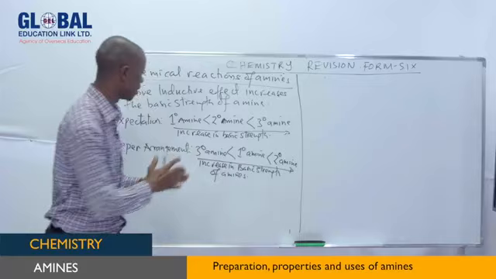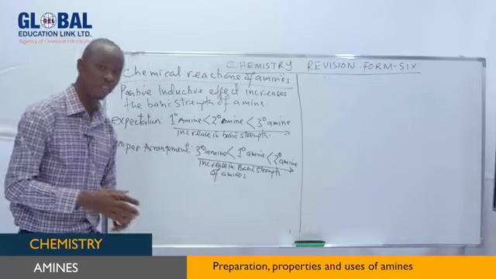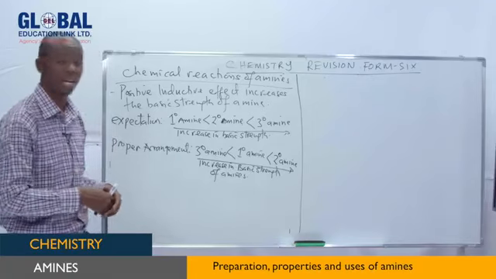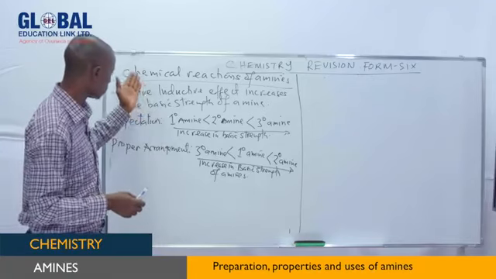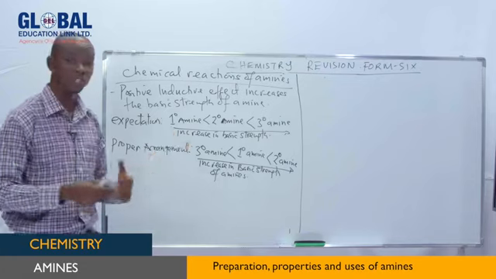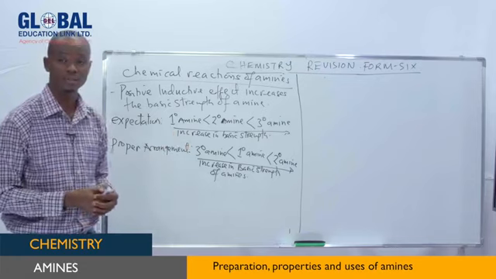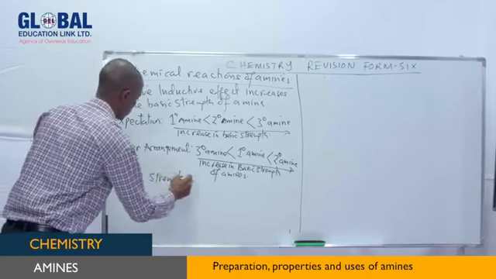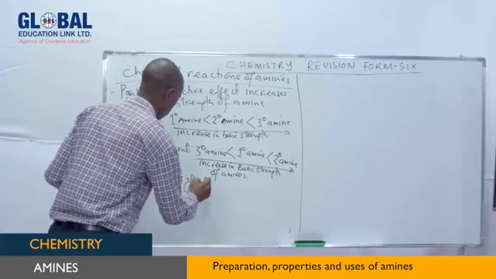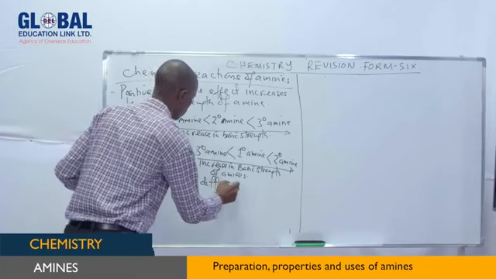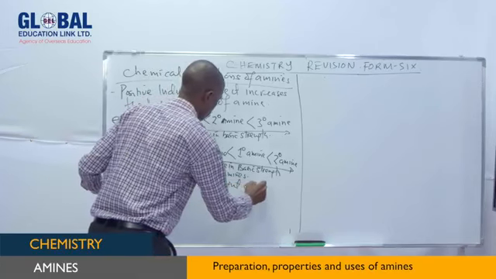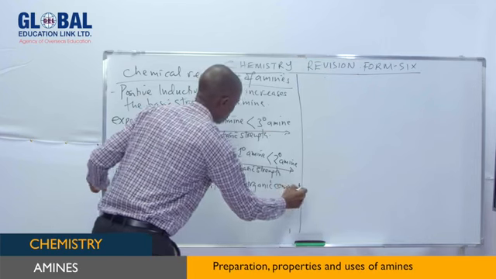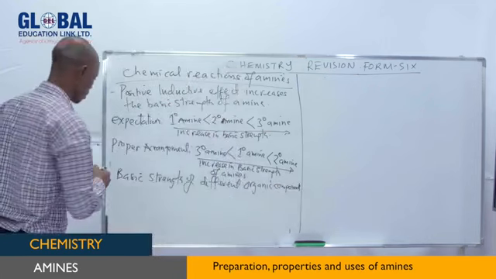So we can see how these amines differ from each other. Sometimes you can be asked to compare the basic strength of different compounds containing nitrogen atom. Here we can have this arrangement of different organic compounds.